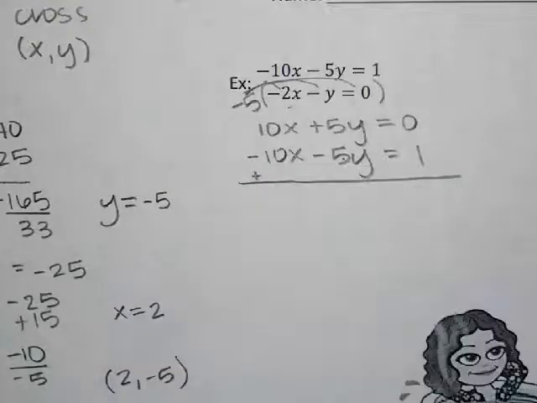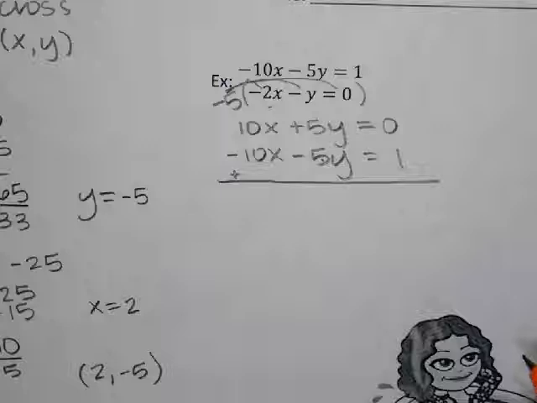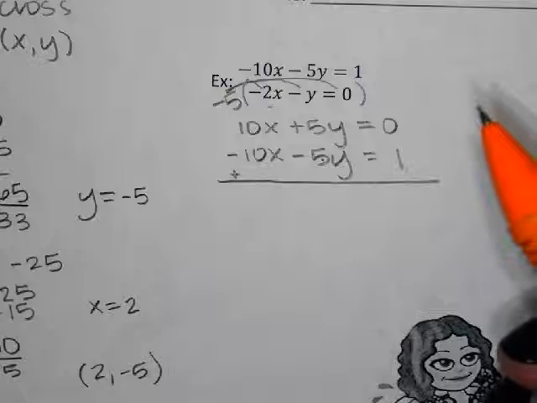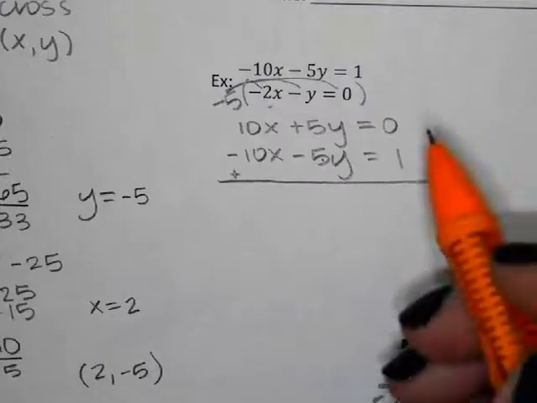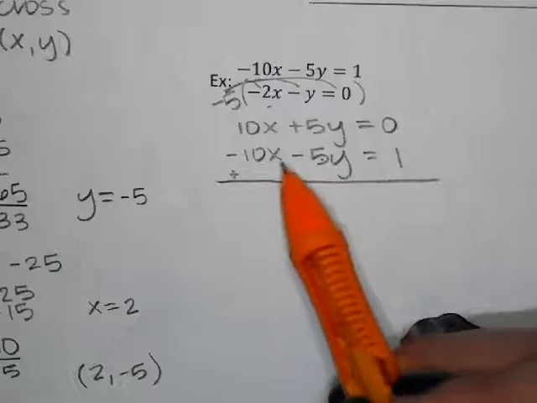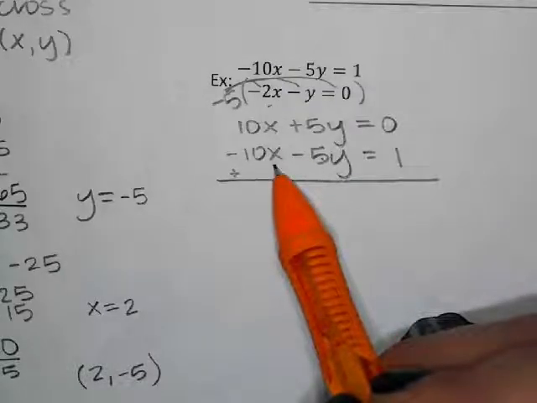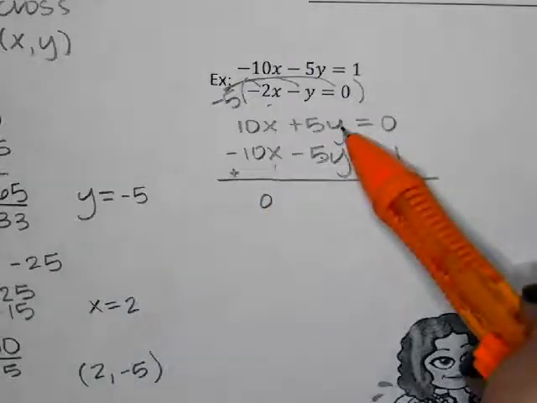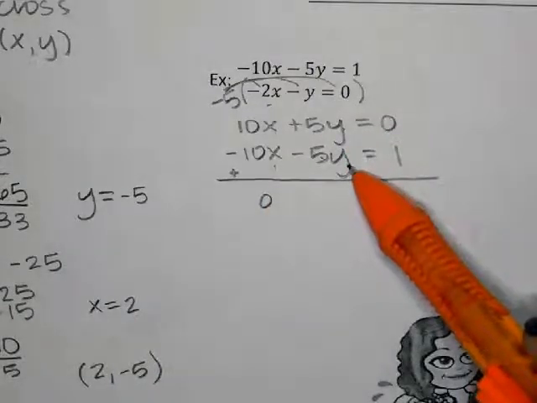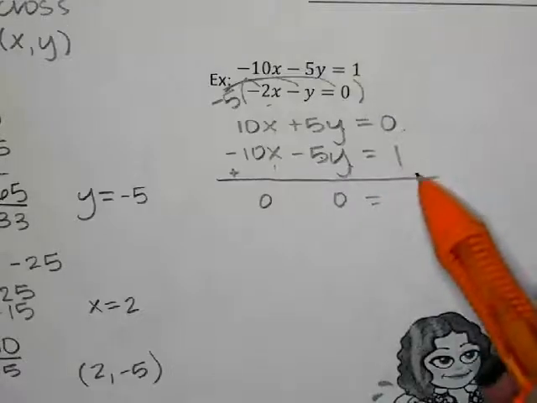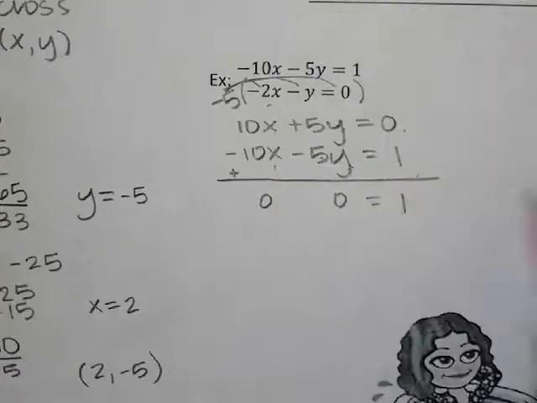What's 0 times negative 5? Because 0 times anything is just 0, right? Yeah. Okay. So positive 10 and negative 10 is 0. Positive 5, negative 5, 0. 0 and 1 is 1. Okay, so what we got is the equation 0 equals 1.